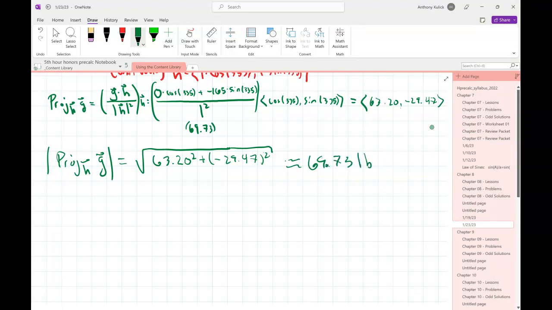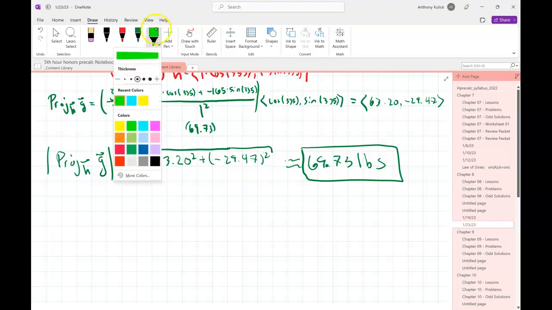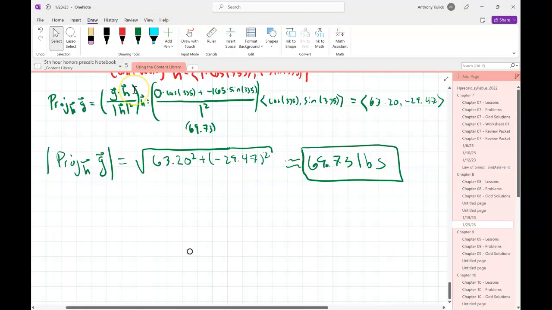Wait a minute. We saw that number somewhere before, right? Where did that number pop up earlier? That was just the dot product of G and H, wasn't it? Wait a minute, Mr. Kulik.